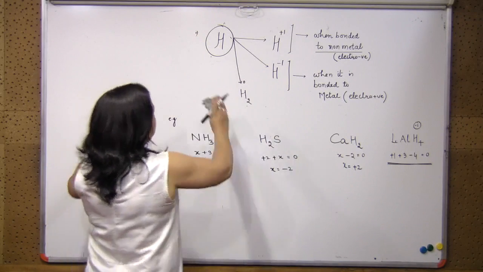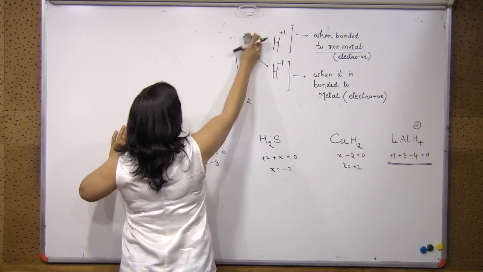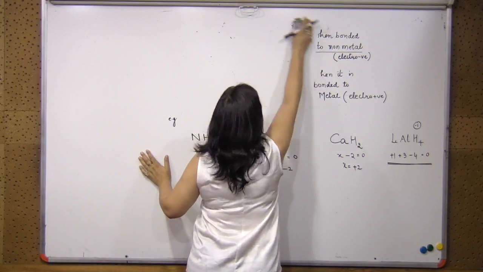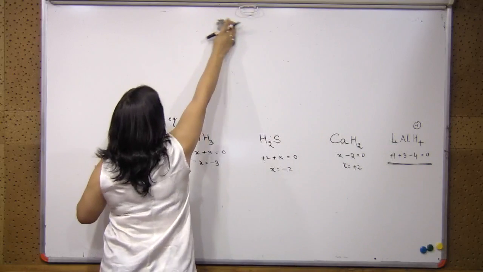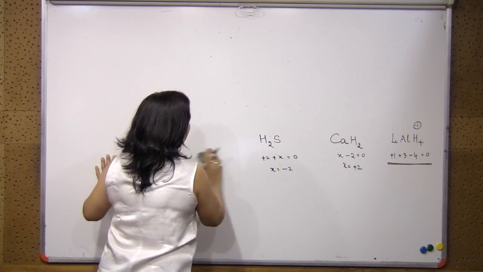Now the next rule. After hydrogen, the next important element in oxidation numbers is oxygen.